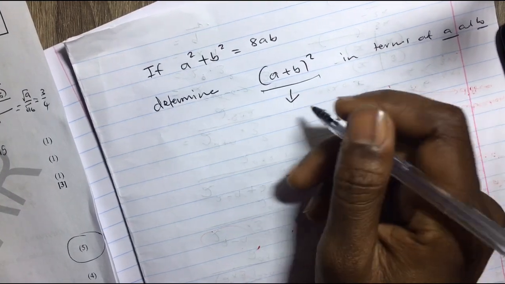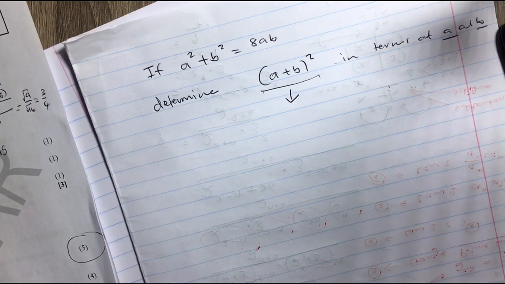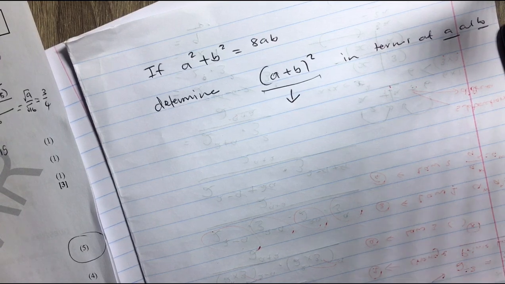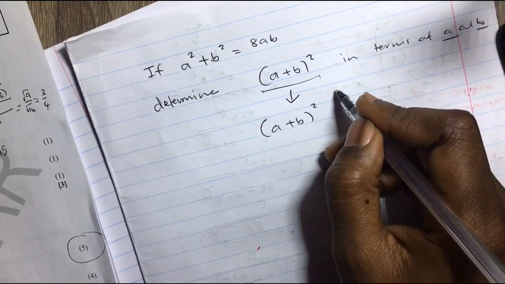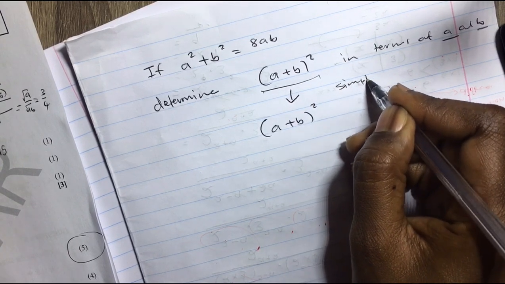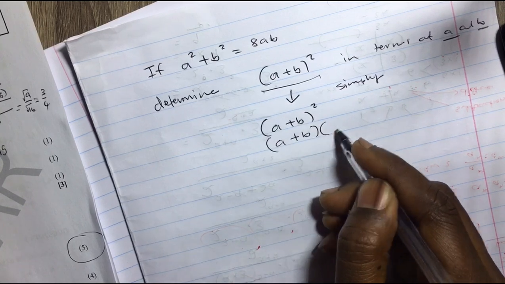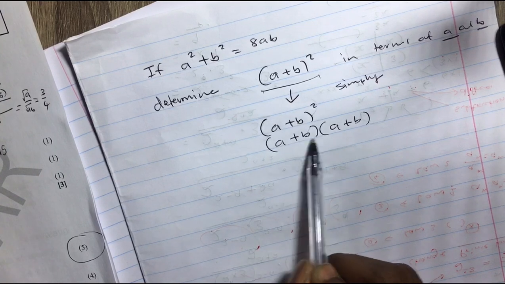Even if you get stuck with such questions, you can pick up a few marks. Don't just leave it there. Do what you can. If I give you something like this and I say simplify, obviously you're going to open this bracket. This means the same bracket twice.